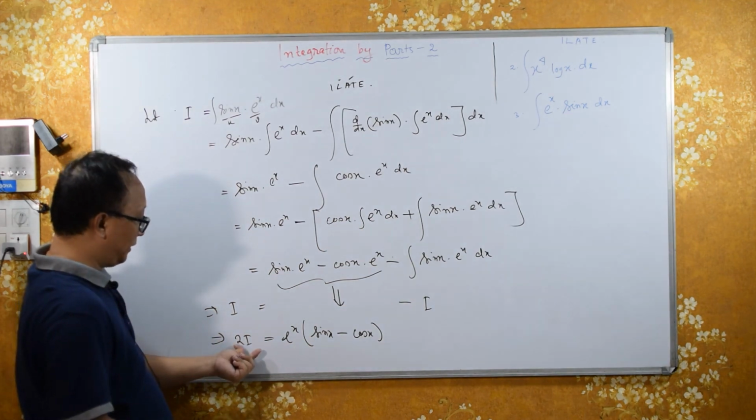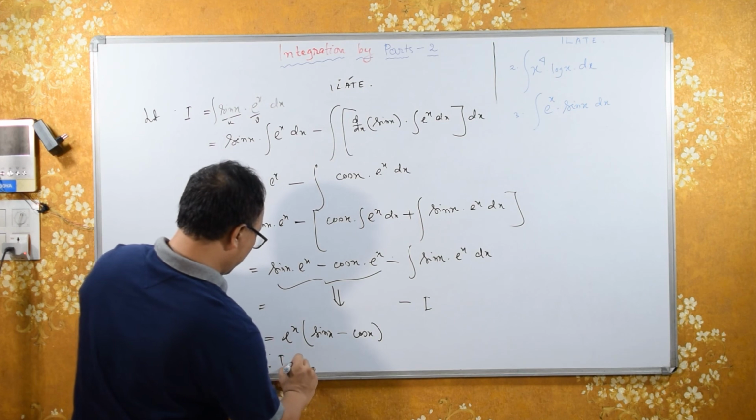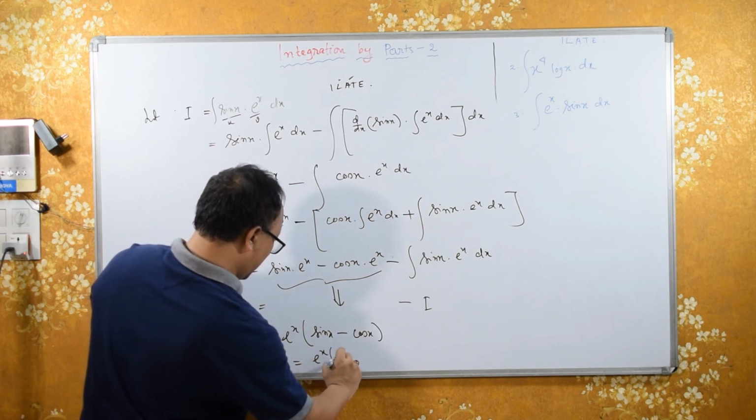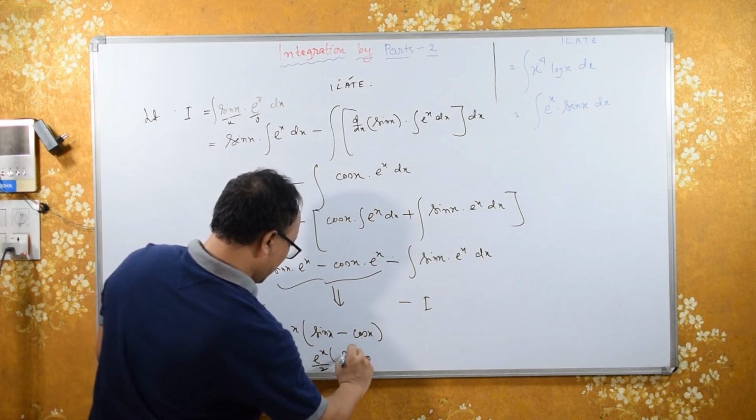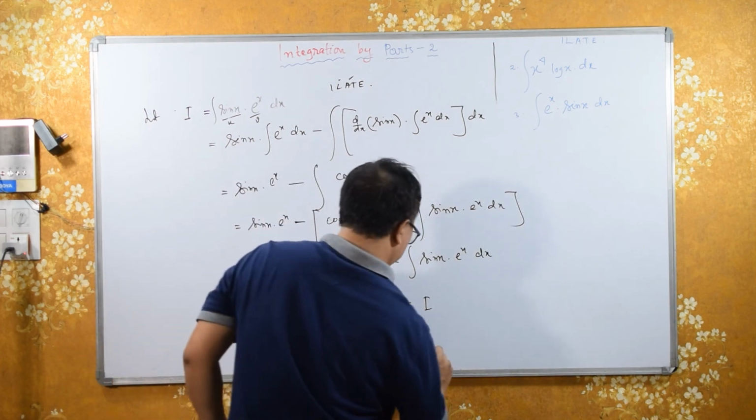Now again I can send 2 down over here, therefore I equals e raised to x upon 2 times sine of x minus cos x plus c.